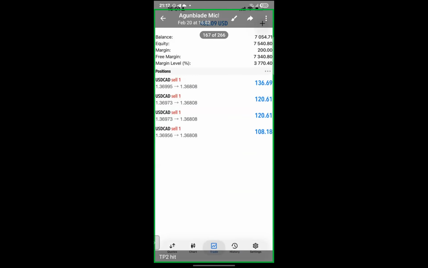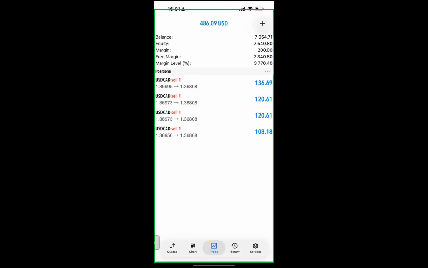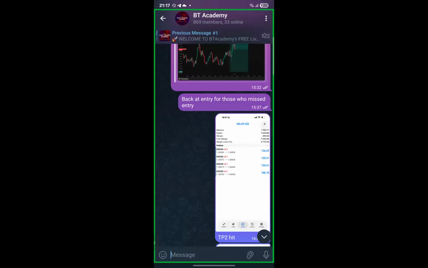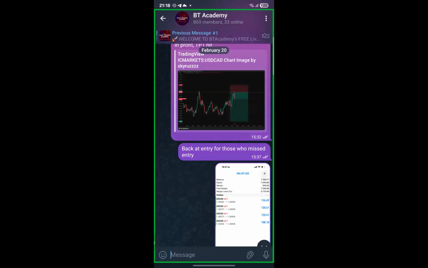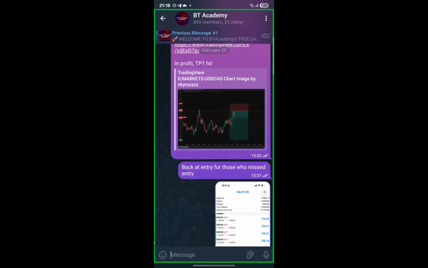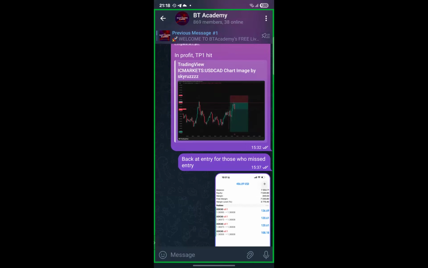This profit is $486, which is almost 800,000 naira. If you're on this group chat now and you take the signals, you just open your MT5, open the USD CAD, put the stop loss and TP and enter your sell. See the money I made on the trade.